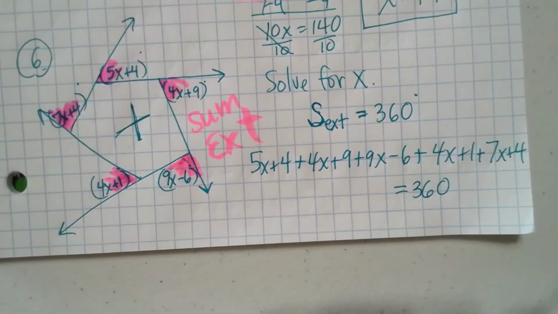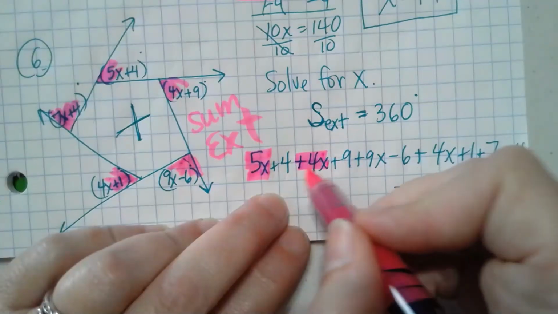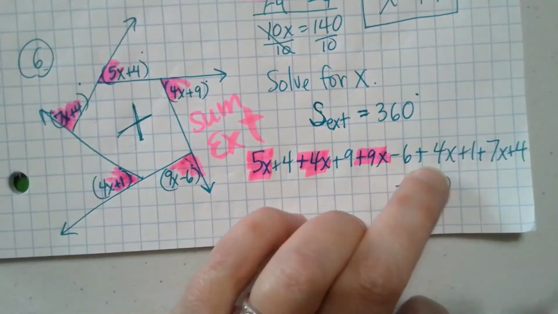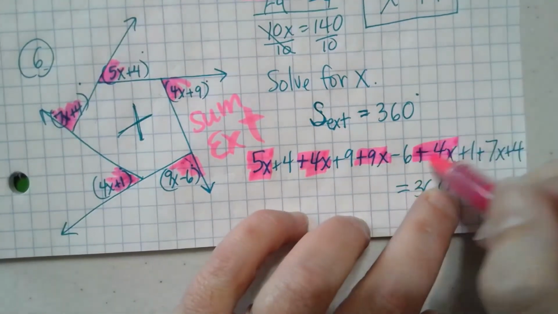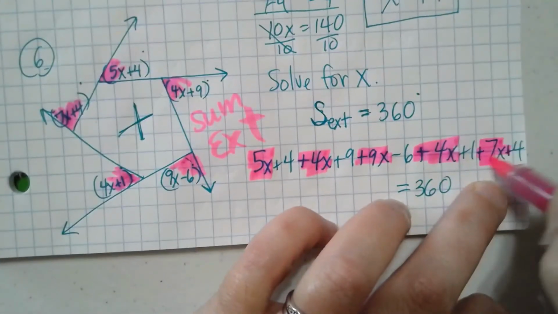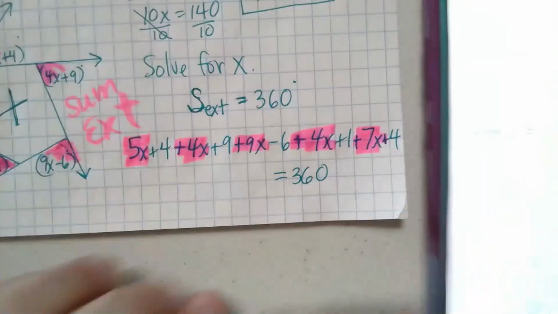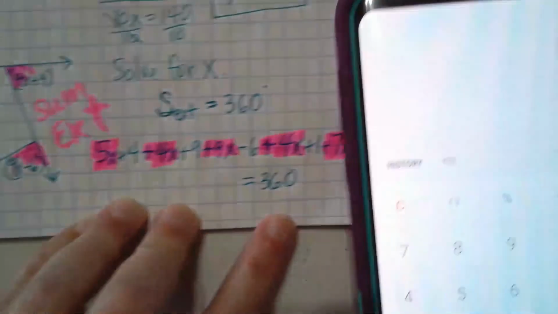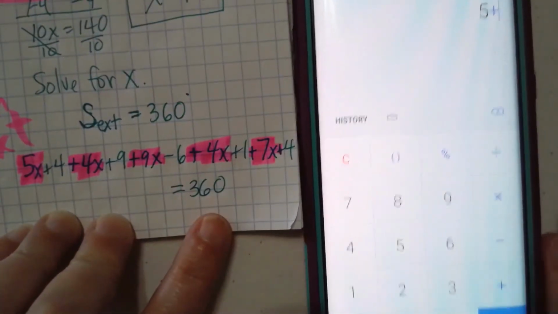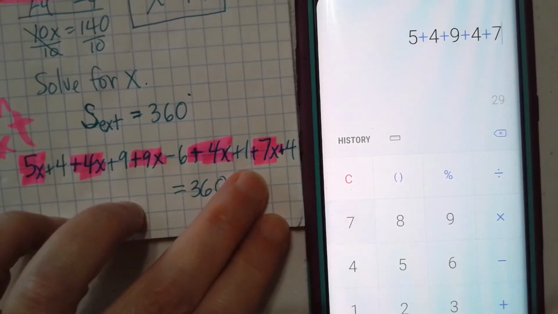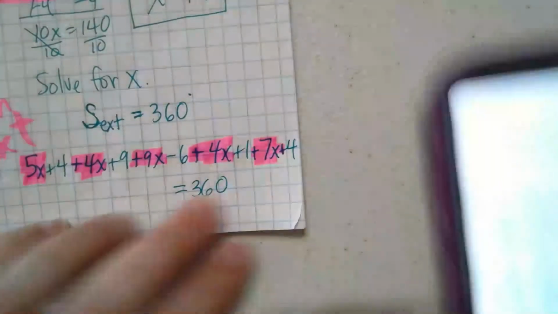Okay. Again, we're going to look at all our x values. So I've got 5x plus 4x plus 9x plus 4 more x plus 7 more x. Okay, 5 plus 4 plus 9 plus 4 plus 7 makes 29.